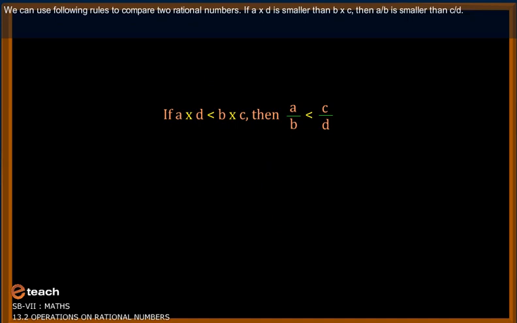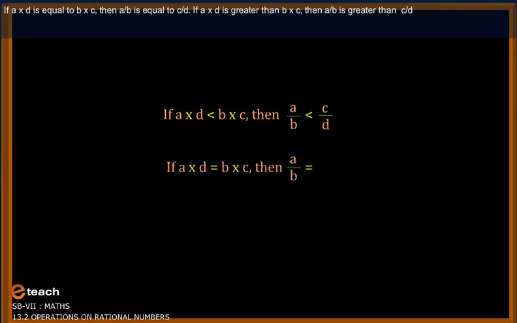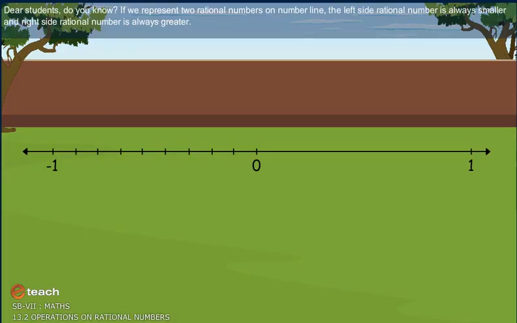If A into D is smaller than B into C, then A by B is smaller than C by D. If A into D is equal to B into C, then A by B is equal to C by D. If A into D is greater than B into C, then A by B is greater than C by D.